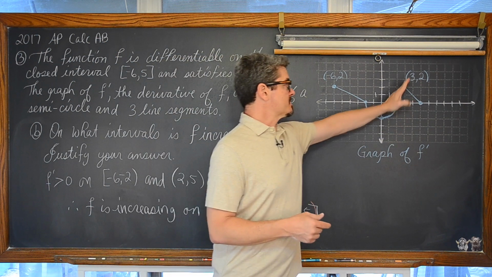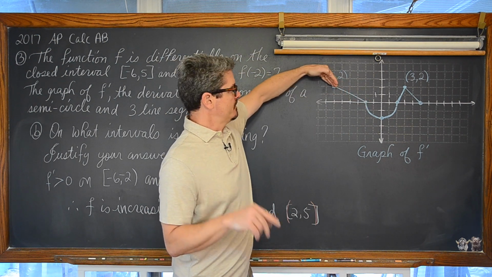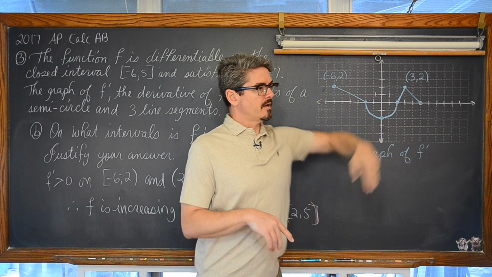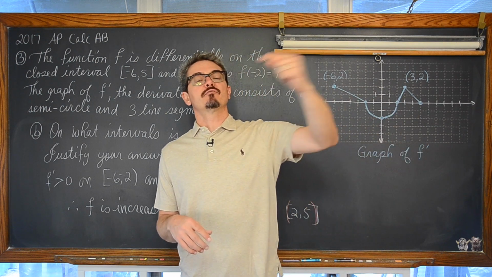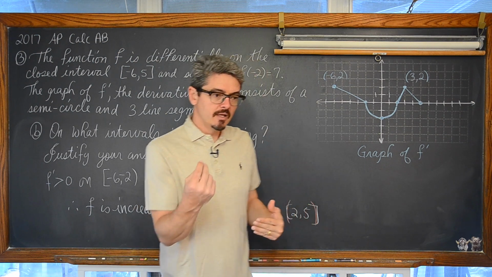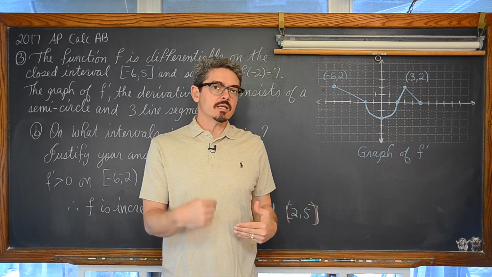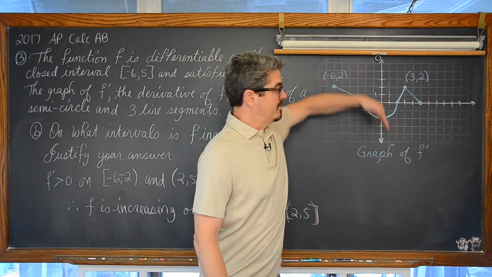If f prime is decreasing, then f double prime, the slope of f prime, would be negative. We always talk about if your f double prime of x is negative, then the function's concave down. Well, f double prime negative means f prime is decreasing.